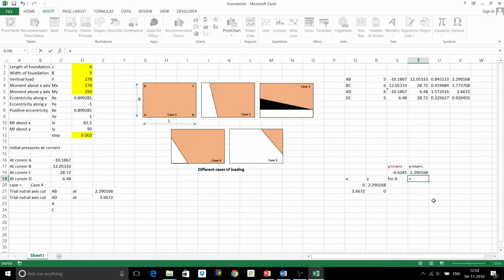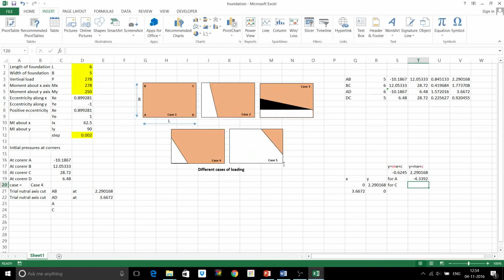So (b minus c) whole bracket divided by m will give me x.